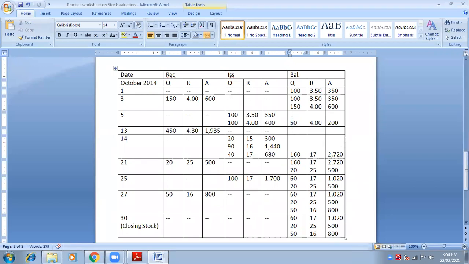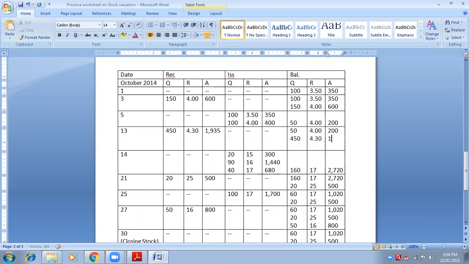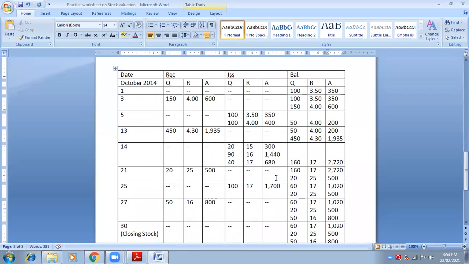Yes, because it is still in your hand. Therefore, you need to write down 50 at the rate 4 rupees. So total amount is 200. After 50, we have 450 which we purchased today only on the 13th date, and the rate was 4.30, and the amount was 1935. Is it now clear, everyone?